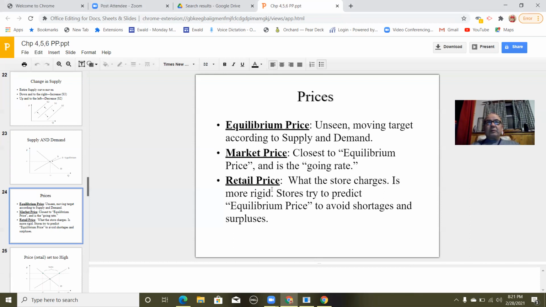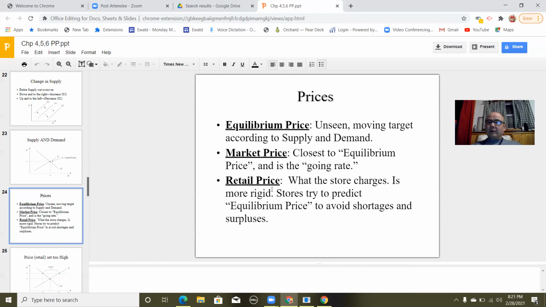Because stores can't necessarily change prices minute by minute, hour by hour, day by day, they have to, in some cases, hire an economist, figure out what is going to be the best, and make a prediction. They look at statistics and models to predict the best market clearing price for any product.